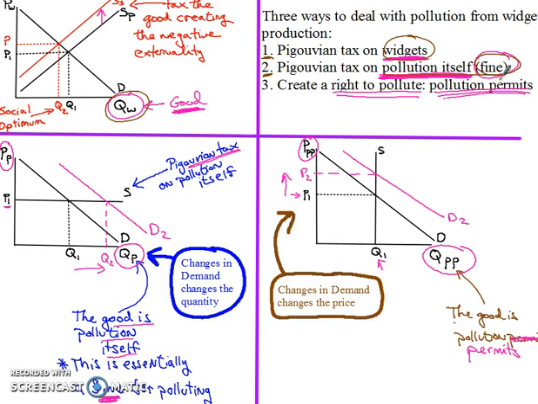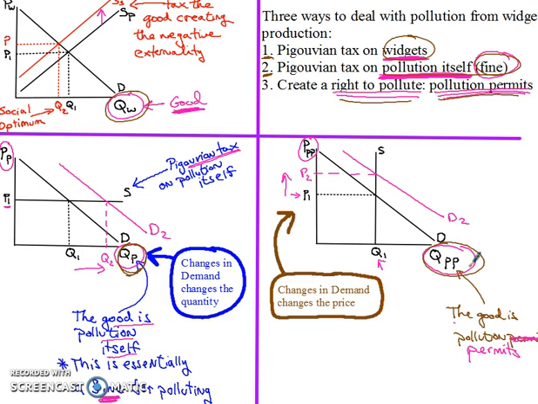That is the concept of a fine, and that's going to look like this graph where pollution itself is the good. And then finally, you can have a new right that you create, a right to pollute, a pollution permit. So now the pollution permit becomes the good. And so with each one of these, we are changing what the good is that we are analyzing.